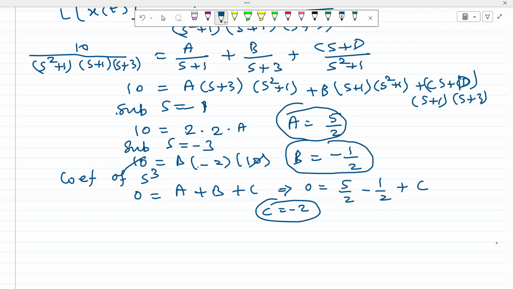To find d, we can take the coefficient of s square. Coefficient of s square gives 0 equal to 3a plus b plus s square.